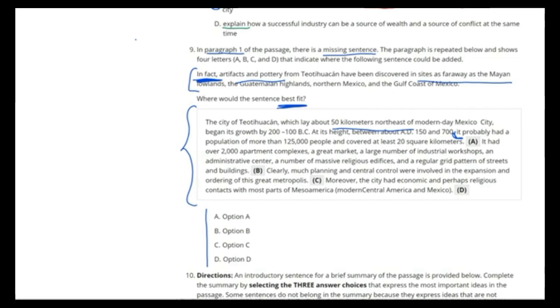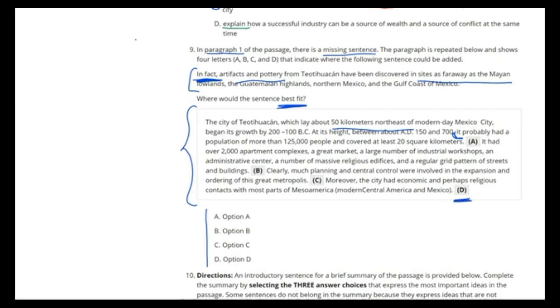The sentence says something about the population, it tells you something about the area that was covered by the city, but the sentence we need to insert doesn't seem to fit here, so let's go on. Here again we have our apartment complexes, a great market, okay. Does the sentence fit in B? No, it doesn't seem to fit. Let's go on. Clearly much planning and central control were involved in the expansion and ordering of this great metropolis. C also doesn't seem to fit, so perhaps we're left with D.